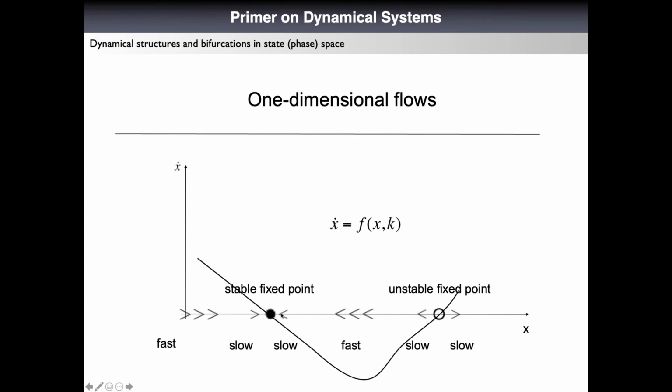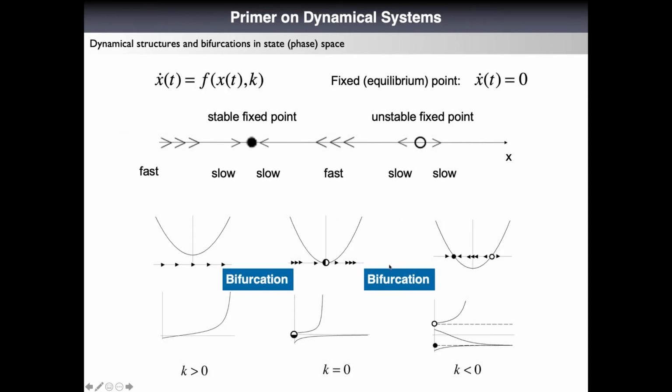Positive means that the flow will go to increasing values of x, while negative means that we will go to lower values of x. So the stable point attracts the flow, and the further we are, the faster we go. The unstable fixed point repels the flow, and the further we are from it, the faster we're going.